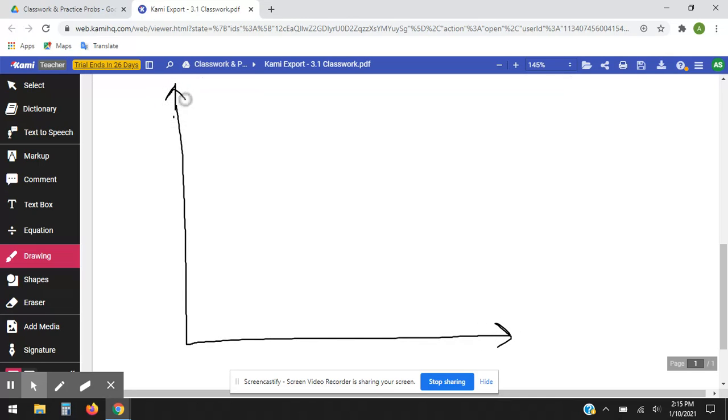So over here, I'm going to put, possible graph showing the height of the water level. So this would be the height of water in the pool over time. Rise over run, height of water over time.